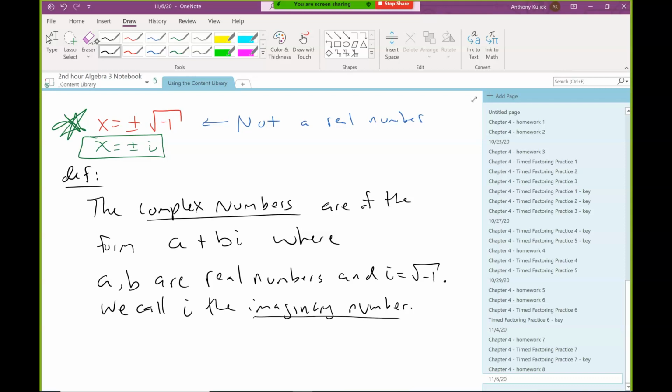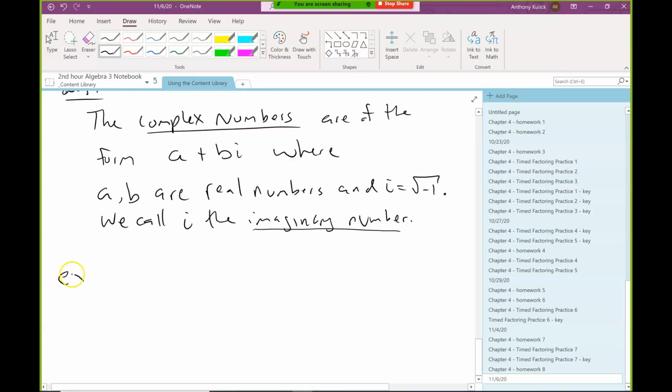So for this first set of examples, we're just going to determine if something's a complex number. And if it is, pick out a and b. So let's say we have 5 plus 4i. Is that a complex number?